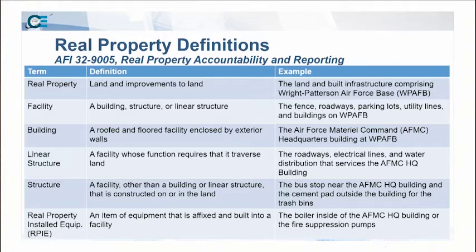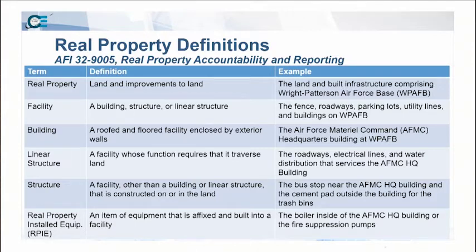Structures are a facility other than a building or linear structure that is constructed on or in the land. Examples of structures could be a bus stop, covered material storage like we use in CE, or a cement pad for equipment. Over all of these things, real property is the land and improvements to land that could be any of these categories.